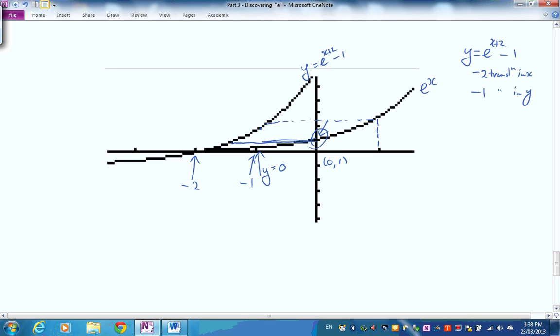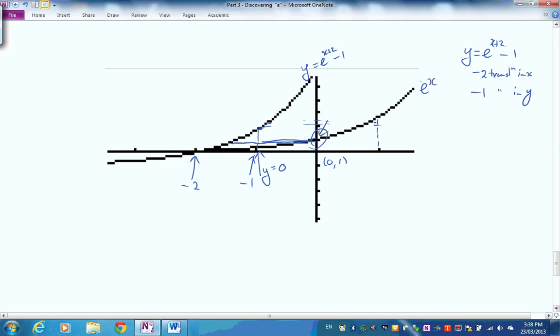Hang on, 2 units, we're not quite there. Let's come down a bit here. No, I can't line that one up too well on that scale. But you have the idea. You need a better graph than I've got there with these pixels.